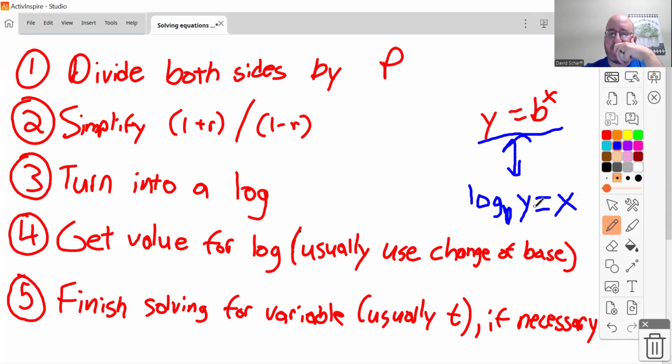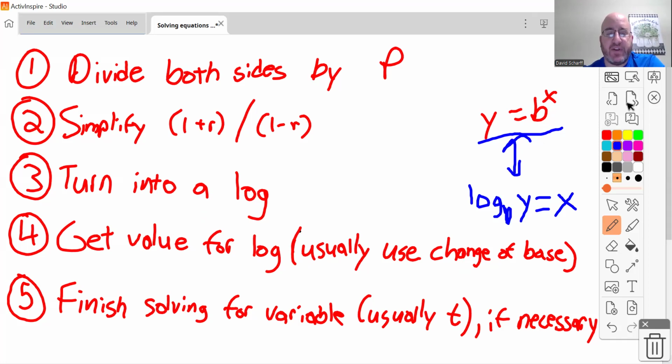So b to the x and y are going to be the same. We turn it into a log. Then we can take that logarithm and calculate the value for it. We're going to use the change of base formula that we talked about, turn it into that fraction log y over log b. You can punch that in the calculator and solve.